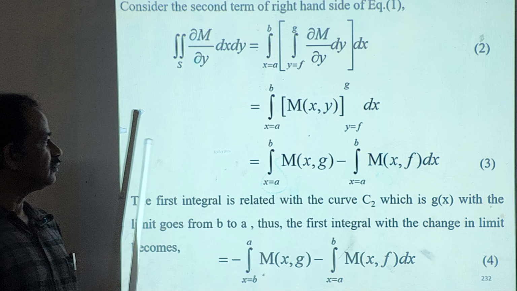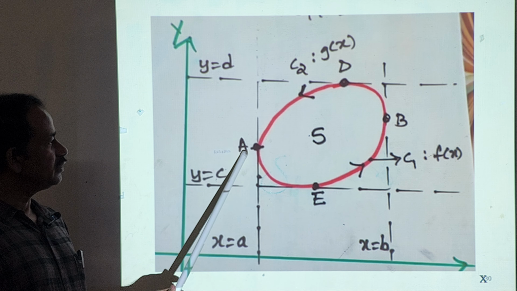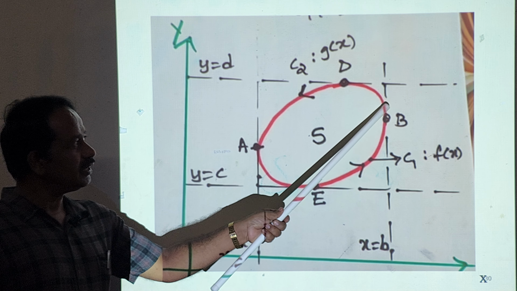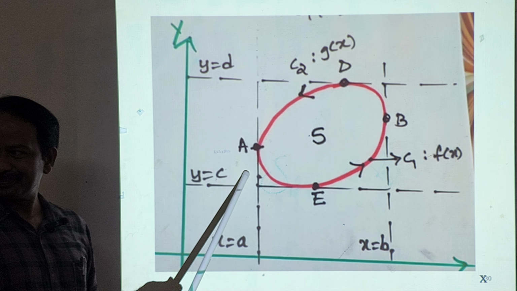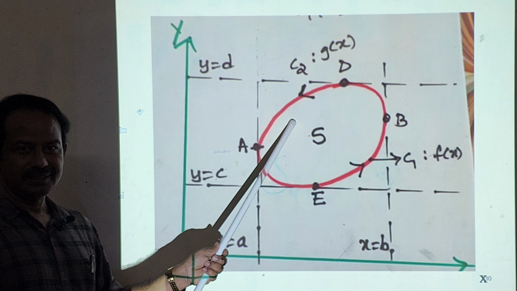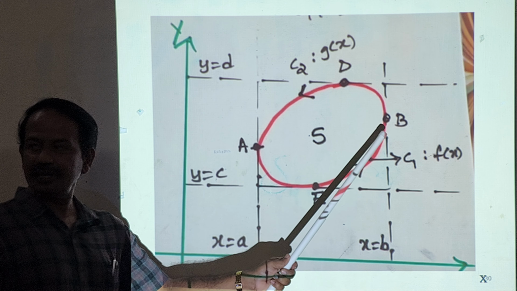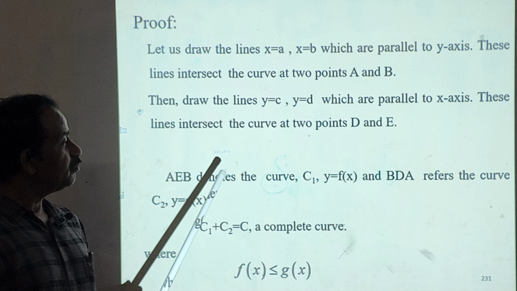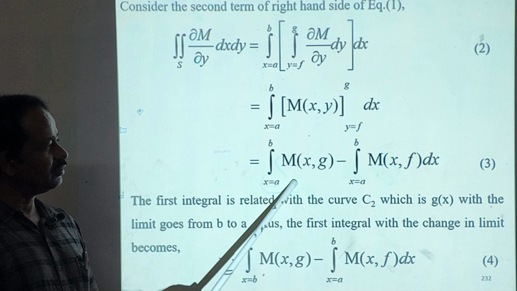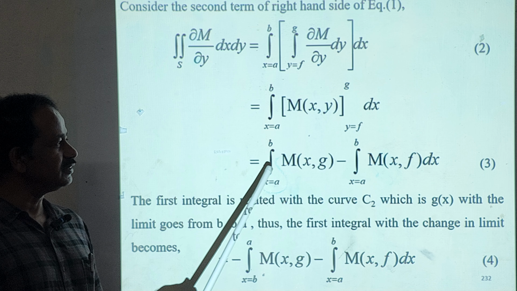Now look at the figure. It goes from A to B, then here it is B to A again. It is reversed. But look at the integrals.